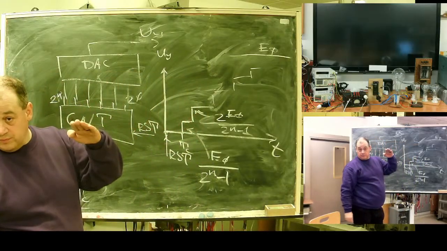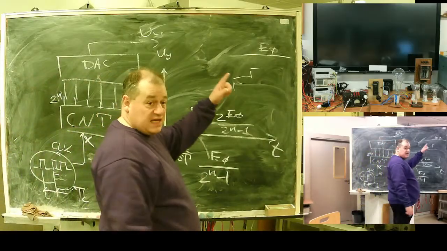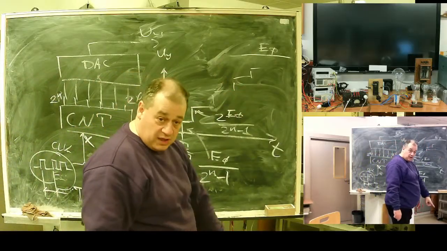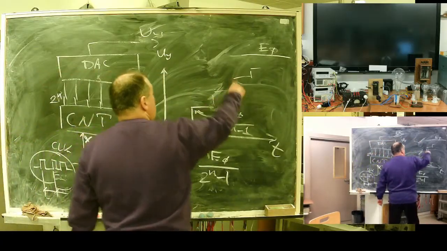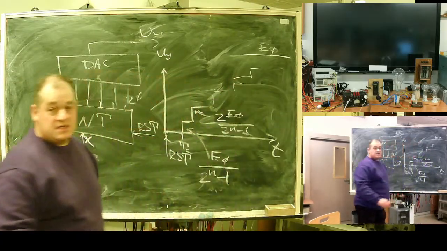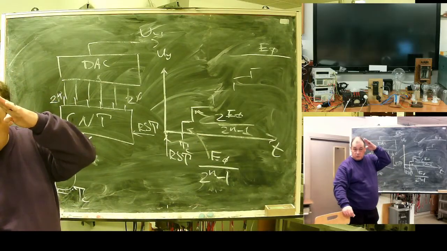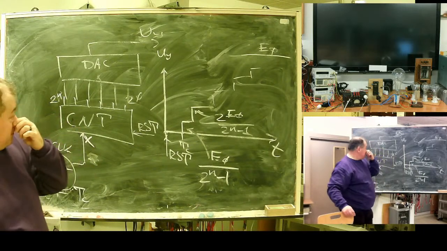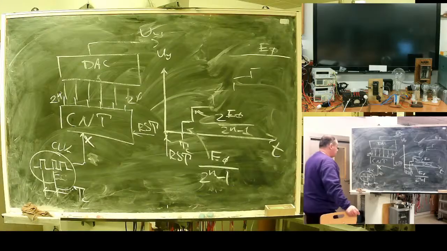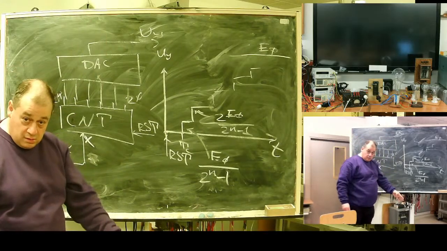The counter will be full. If we send reset at this moment, it will drop again. So what's this? It's an approximation of a generator of linearly growing voltage. Understood? It grows linearly until reset is sent.